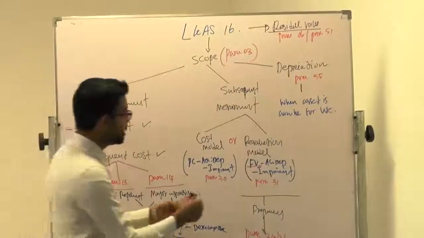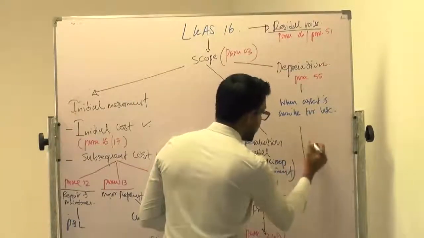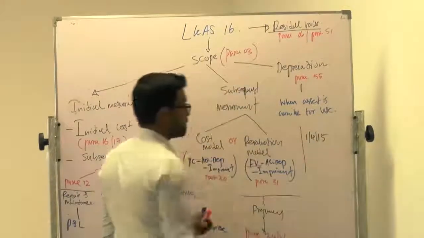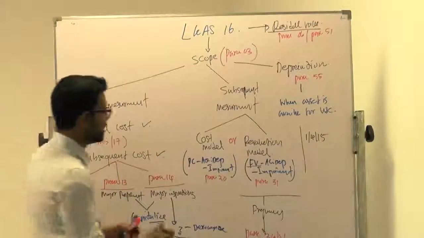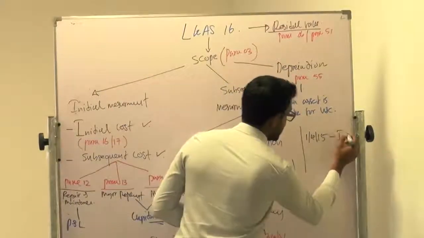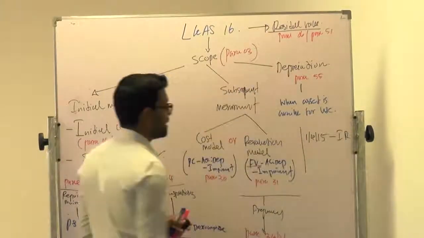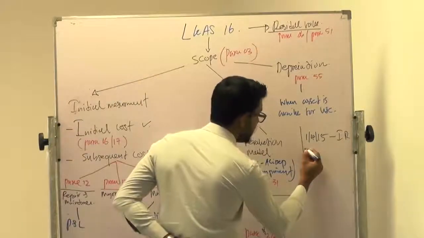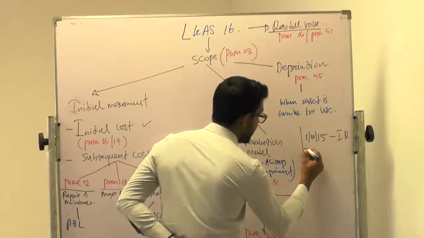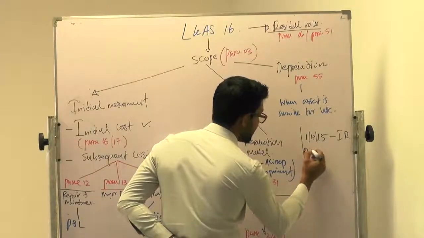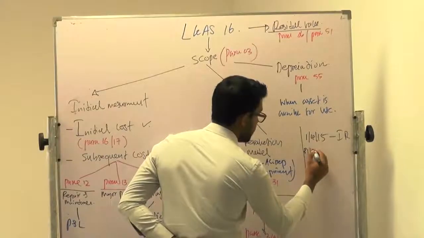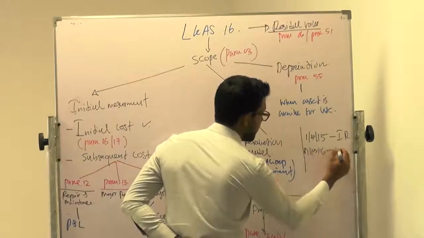The problem here: let's say your initial recognition was on 1st April 2015. Thereafter, you measure this by using the revaluation model when it comes to 31st March 2016.